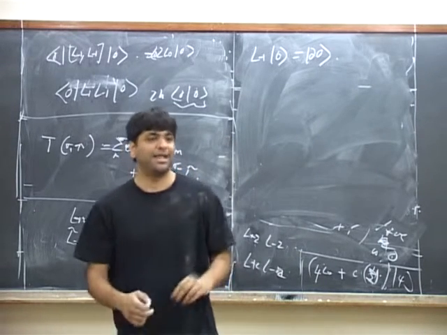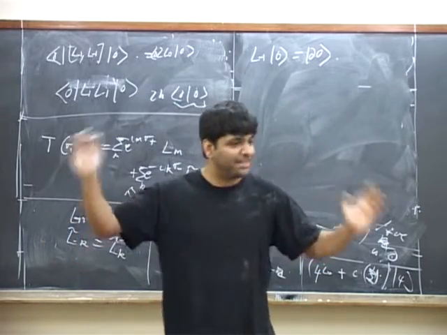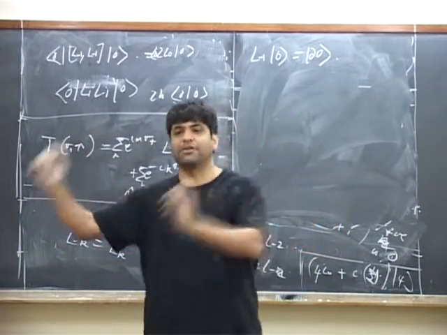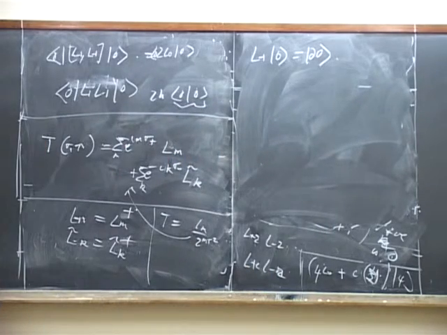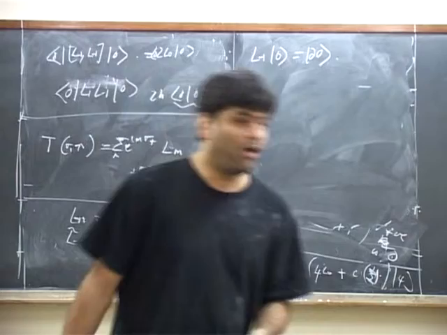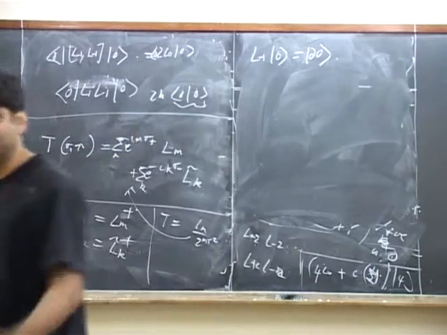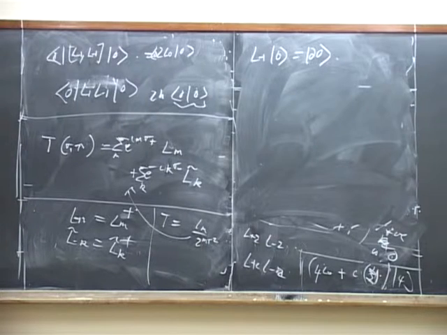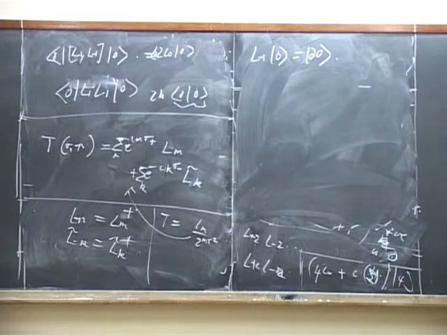Any operator that has a weight of the form h comma 0 must obey the equation del bar of that operator equals 0. Okay, it's a very important conclusion, so it's worth saying many times. And of course, a cruder version of the statement is that an operator with both weights 0 is necessarily constant. There's only one such operator there. Okay, is this clear?